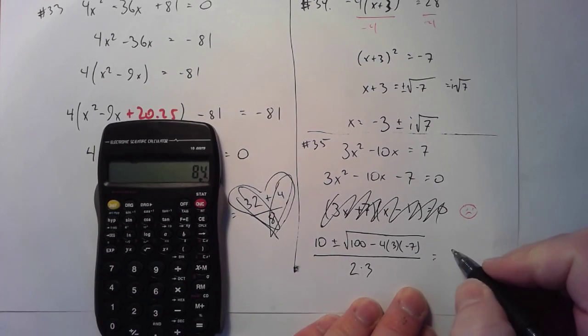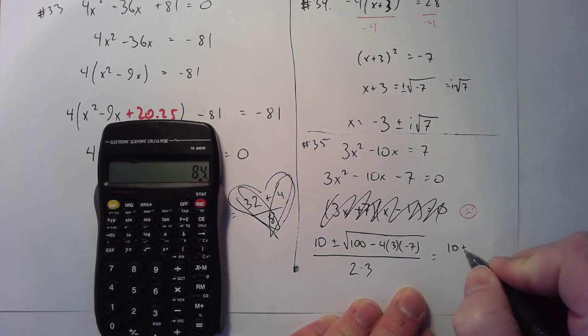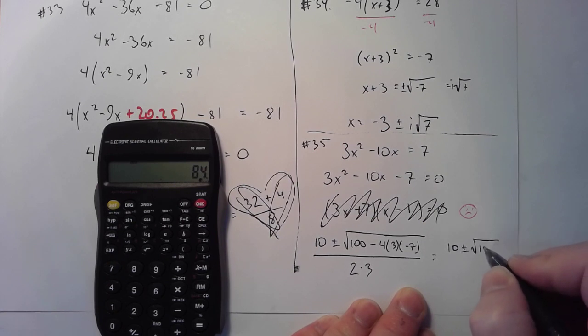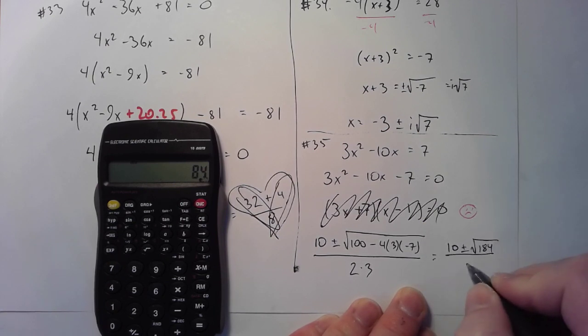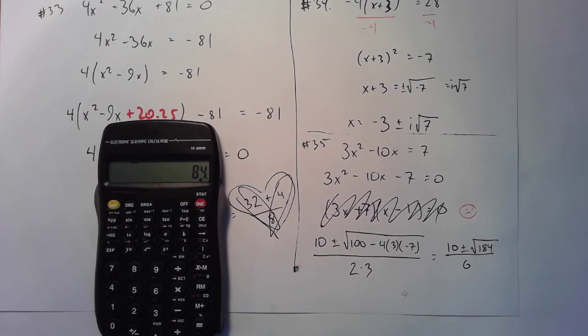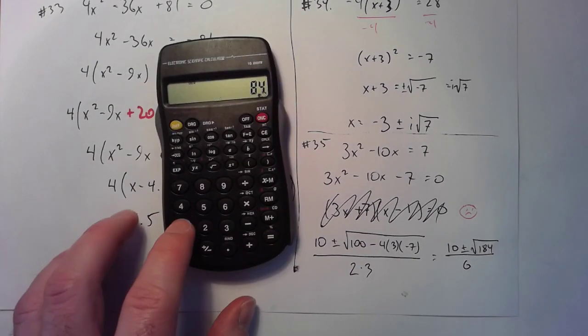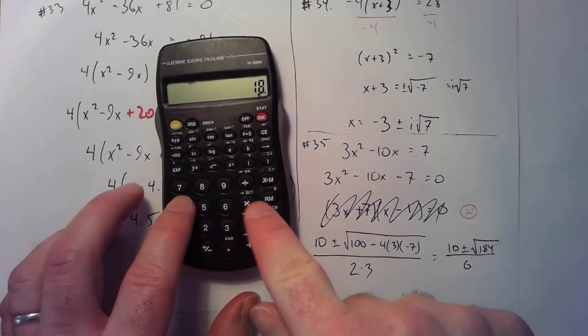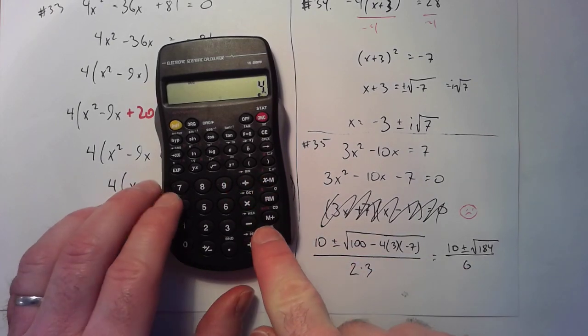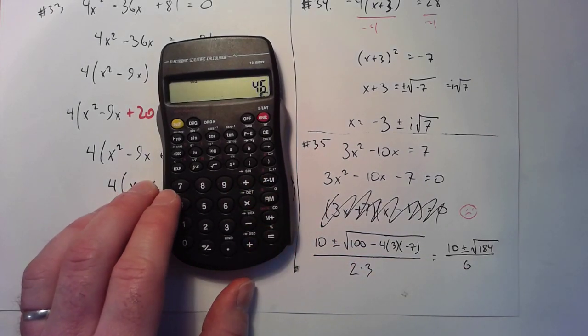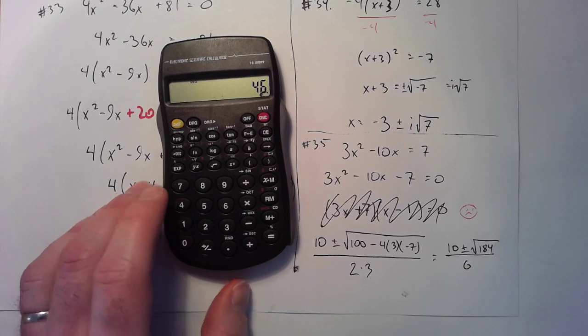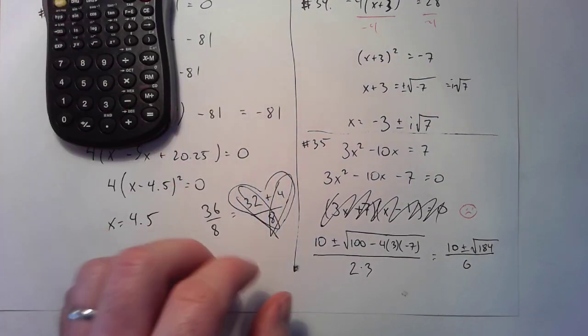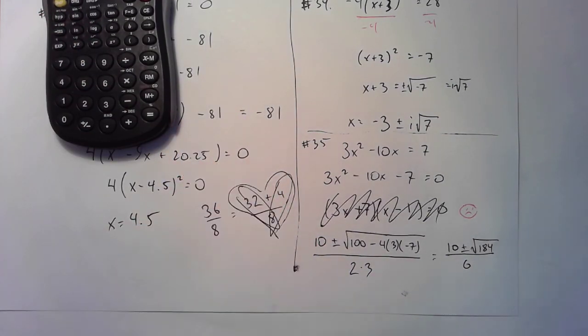Well, that threw me for a loop. 10 plus or minus the square root of 184 over 6. Well, that's certainly irrational. 184, that looks divisible by 4. Yeah, 46. So, boy, I really am using up about all the room that I have.